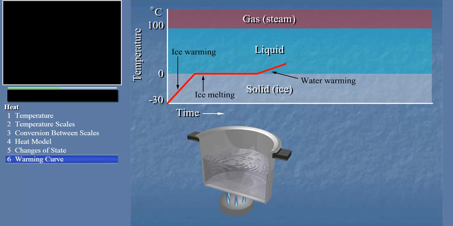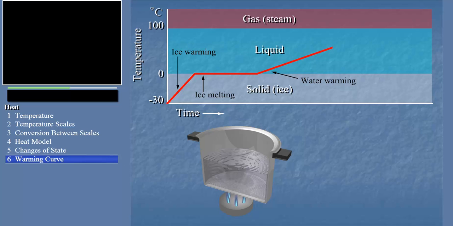Now while we're waiting for the water to heat, notice something. The liquid water isn't warming up as quickly as the ice did. That's because the specific heat capacity of liquid water is about twice as large as that of solid water.